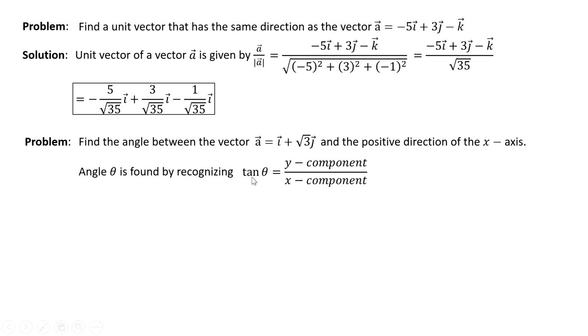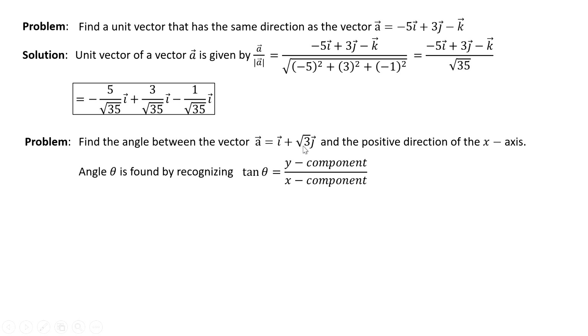The angle between the vector and the positive x-axis is theta, and then tangent theta must be the y component of the vector over the x component. What's the y component of this vector?